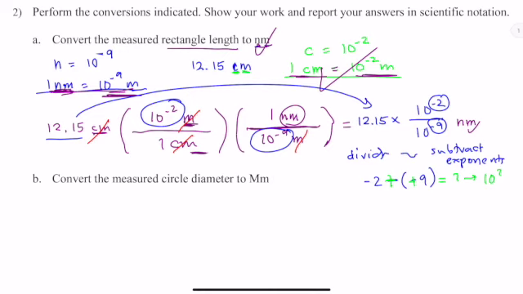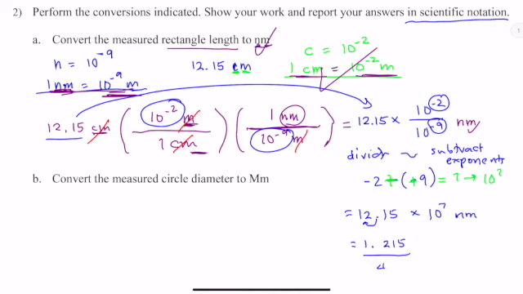So now, going back to blue, the answer is 12.15 times 10 to the 7 nanometers. Not done yet, because I want to put this answer into scientific notation. That means more than 1 but less than 10. So move this decimal over. This becomes 1.215.